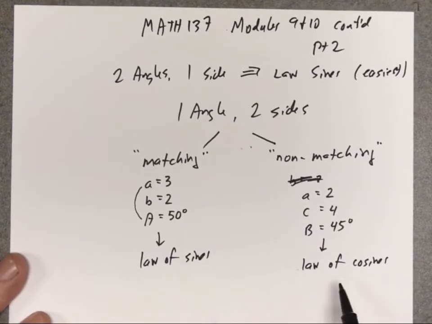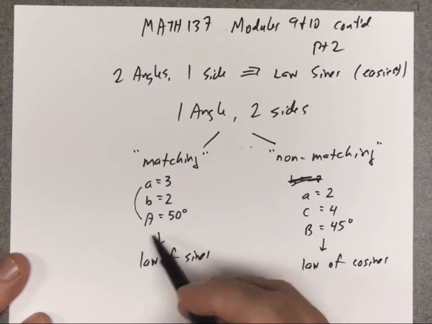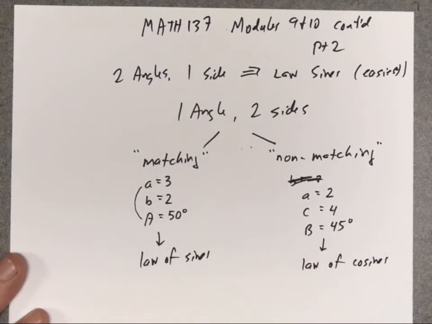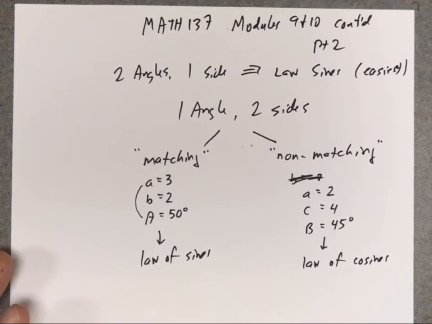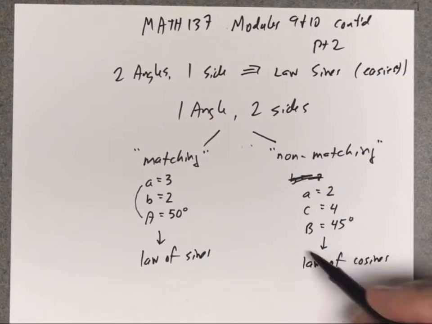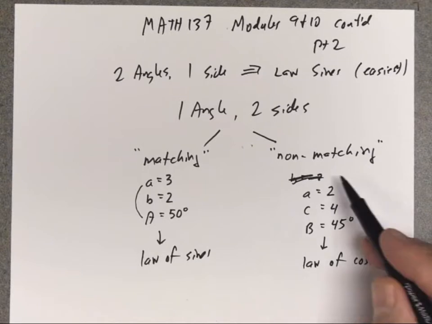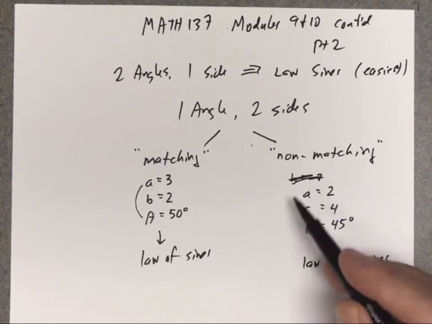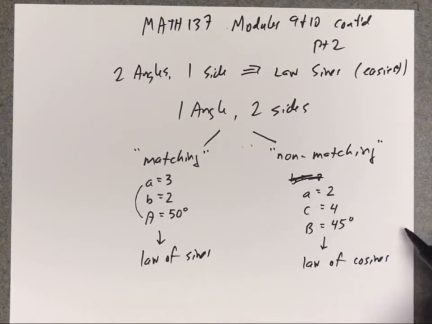Now, if you tried to take this example and said, well, let me use the law of cosines, it would not work. You would quickly see that I can't solve it. So you would go back and say, well, it must be law of sines. Or if you took this information and used law of sines to solve it, you would get stuck. You can't do it. You have to use law of cosines.